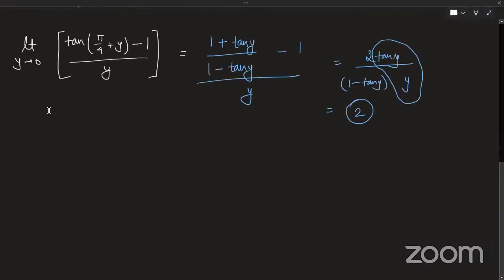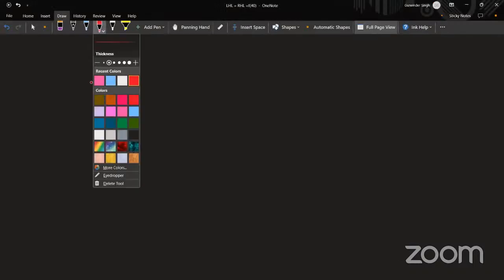Okay, anyways. So this was all about continuity at a point. We have discussed continuity at a particular point. Now let us discuss continuity in an interval. For example, you have been given a function f of x and an open interval (a, b).